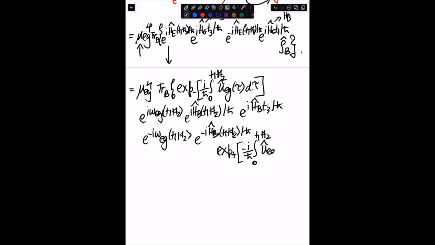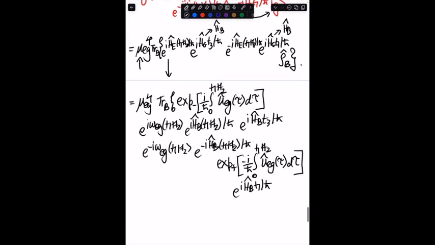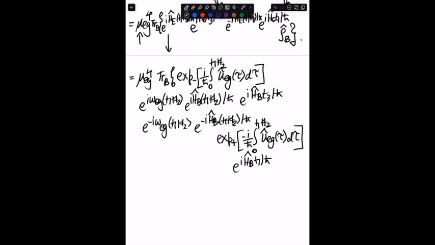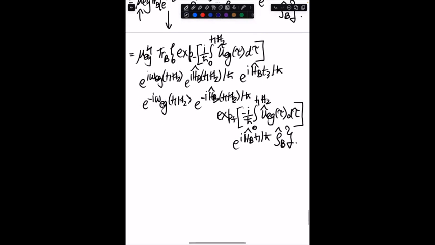You had Eg tau, d tau, and then you have e raised to the power I HB t1 upon h bar, and you have the path equilibrium density operator. So here we have some cancellations which are quite evident again.